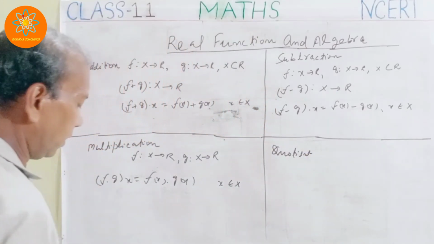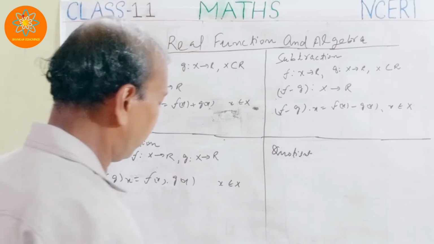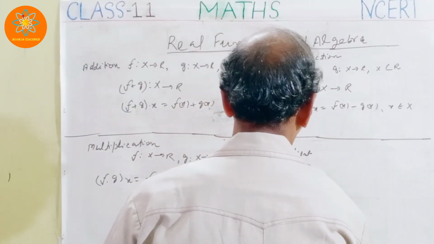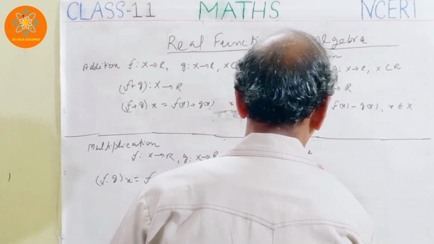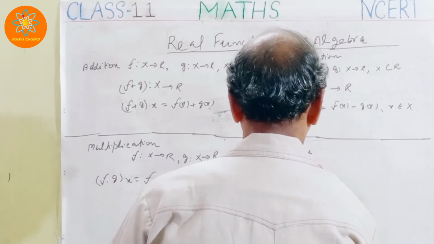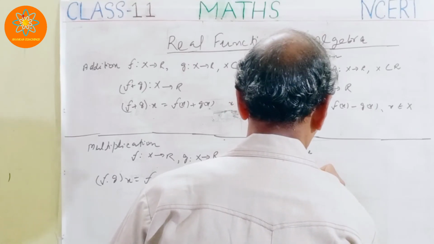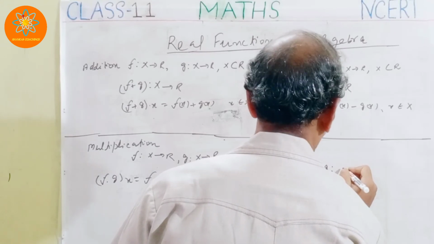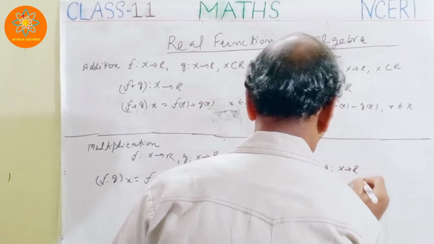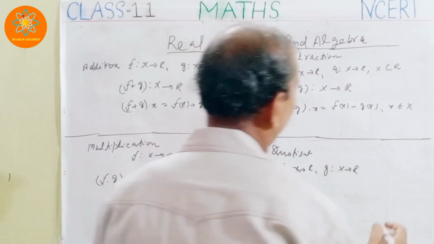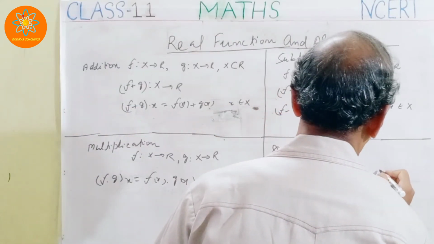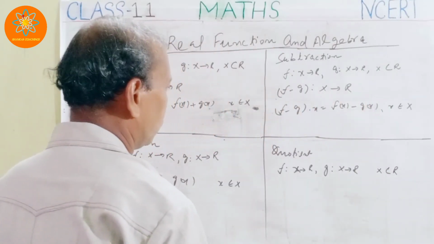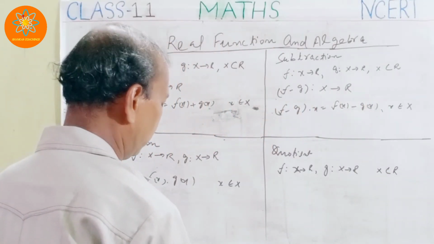Again, for the quotient case, I am taking two real functions. f is from X to R, then function g is also from X to R, where X is a subset of R. So how to define this quotient?